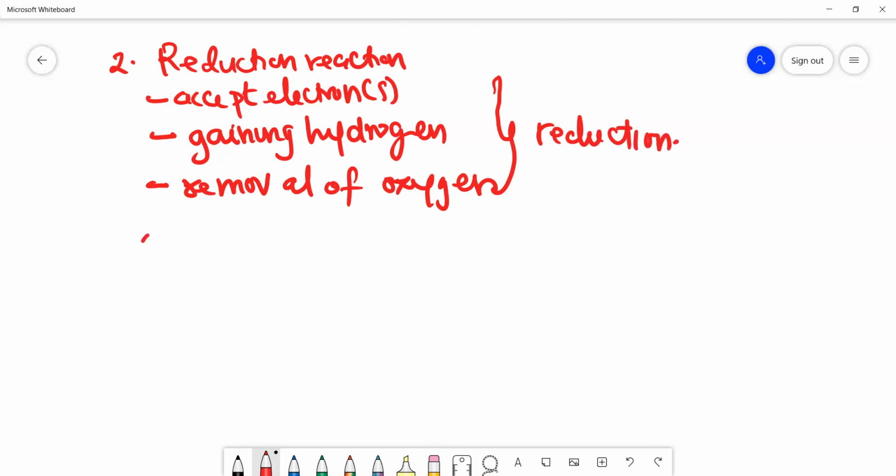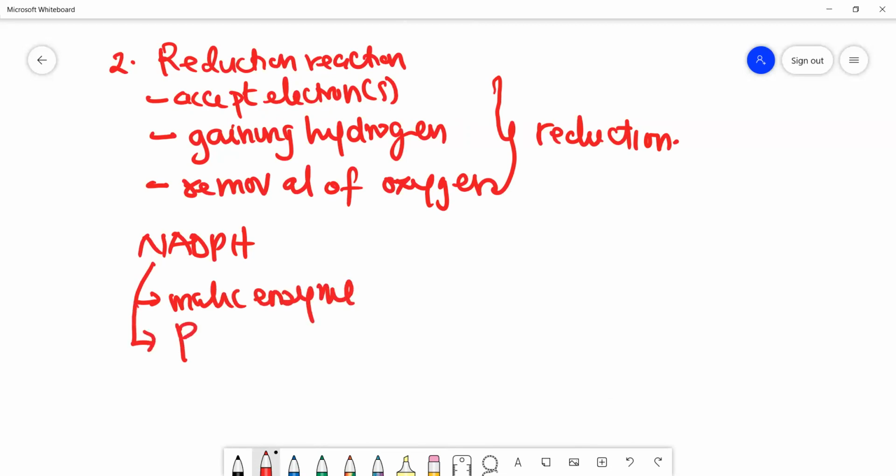Now, NADPH, that we said earlier we either get from malic enzyme, most of it in this pathway, or from the PPP, pentose phosphate pathway, or the hexose monophosphate shunt, donates this electron to acetoacetyl ACP.